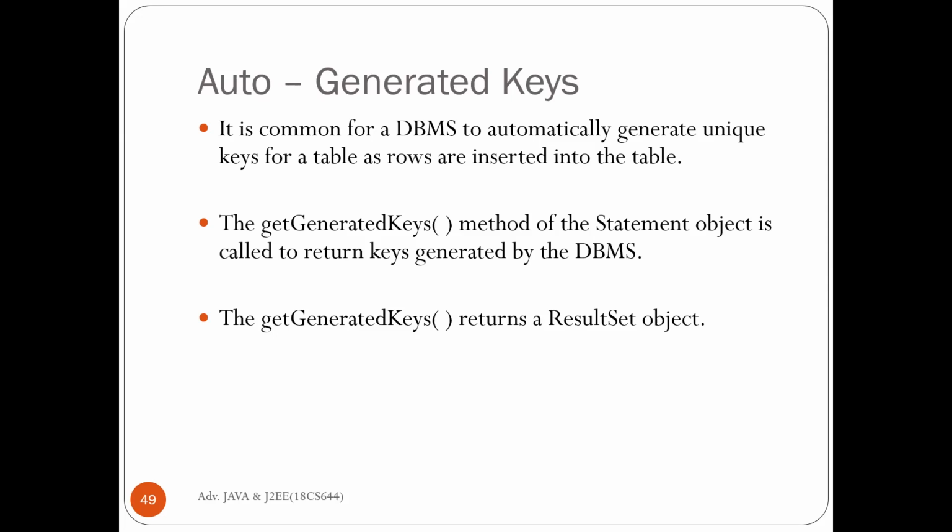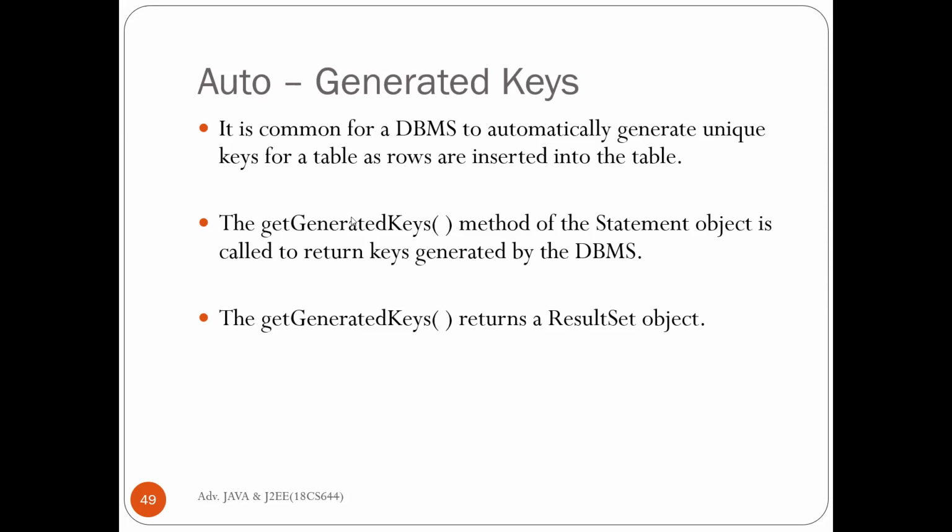But in the program, sometimes we may need to know what the generated value is, because on that particular value we may want to insert one more row in another table. So that ID, which is automatically generated, is required if we are operating on that value in some other table, and maybe in the same table only.